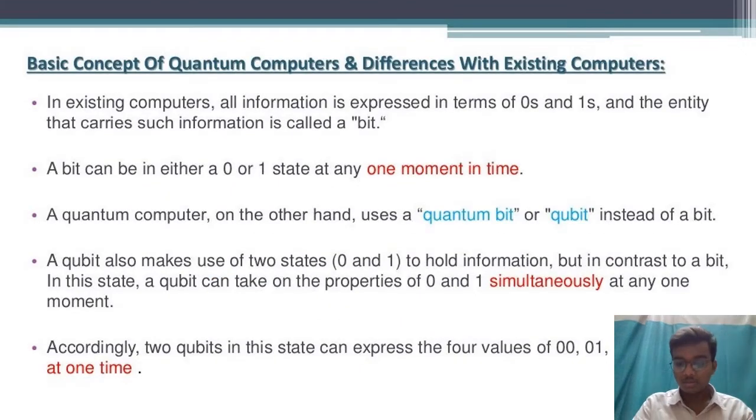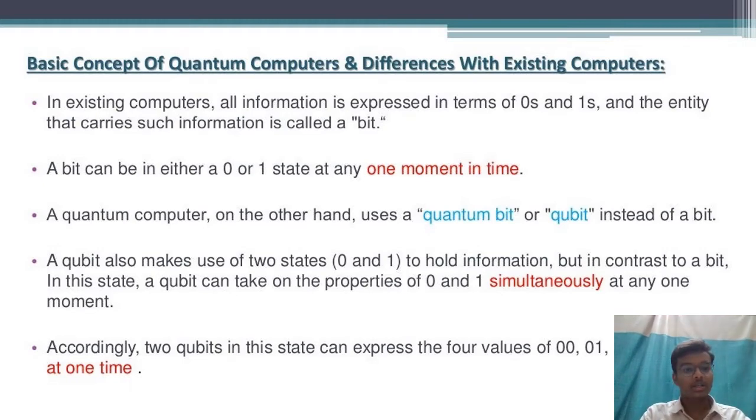Basic concept of quantum computers and differences with existing computers. In existing computers, all information is expressed in terms of zeros and ones, and the entity that carries such information is called a bit. A bit can be either a zero or one state at any one moment in time. A quantum computer, on the other hand, uses a quantum bit, qubit, instead of a bit.